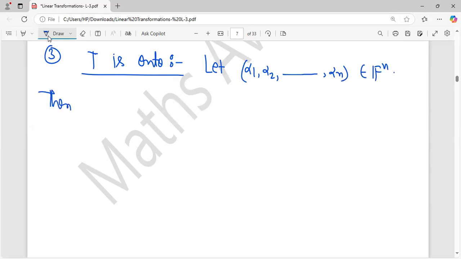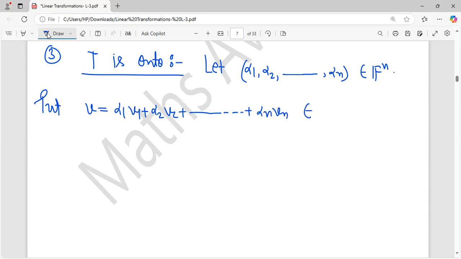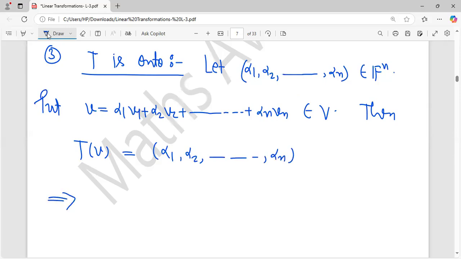Then put v is equal to alpha 1 v1 + alpha 2 v2 + ... + alpha n vn. So this will belong to V. Then T(v) is equal to (alpha 1, alpha 2, ..., alpha n). So this implies T is onto.